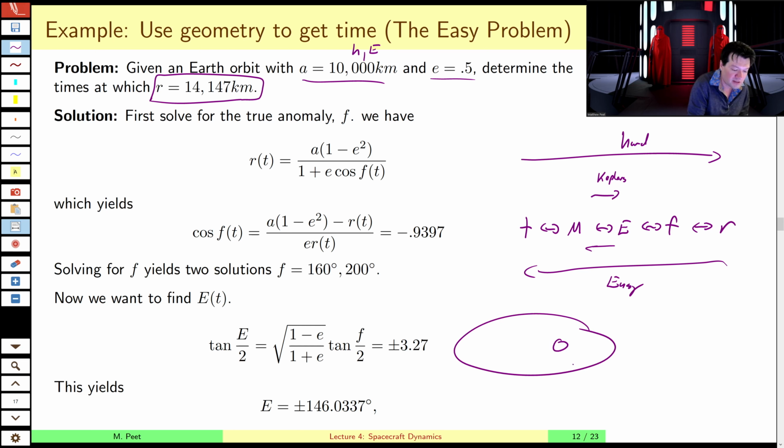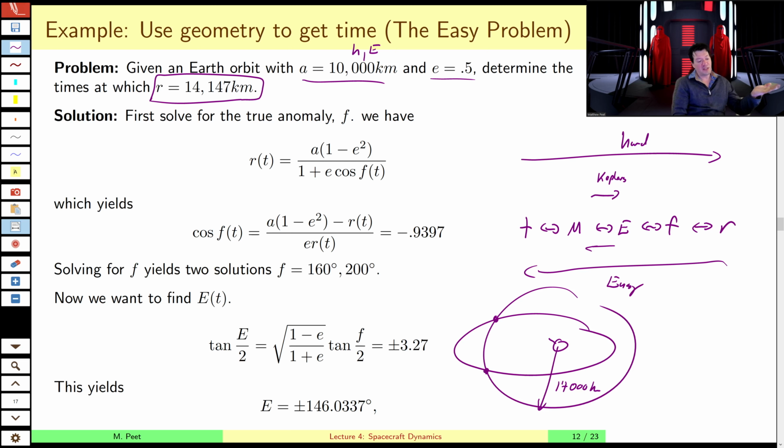Here's the Earth, and there's this line, maybe 14,000 kilometers here. And we want to find these 2 points, the times at which we hit that circle. Note that there are 2 points at which we're at that distance in this orbit, because orbits increase and decrease. So there's an ascending time and a descending time, a time when we're heading out towards apogee and a time when we're coming back towards perigee. So there are going to be 2 solutions to this problem.